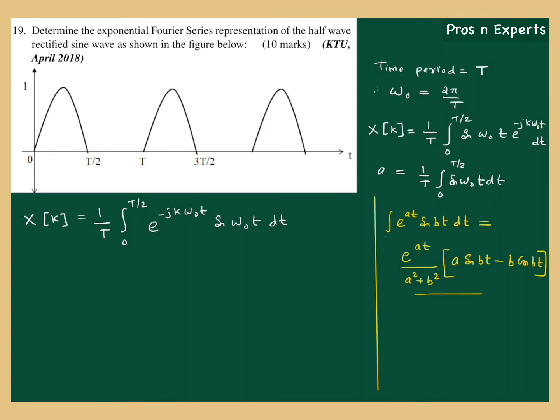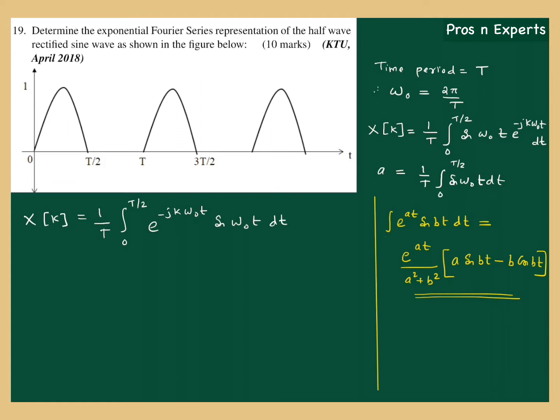This will always be the result of this integral. What we have in our problem is the e raised to at into sine bt dt form. So I can write the result similar to this expression and put the limits from 0 to T by 2. That's what I'm going to do.